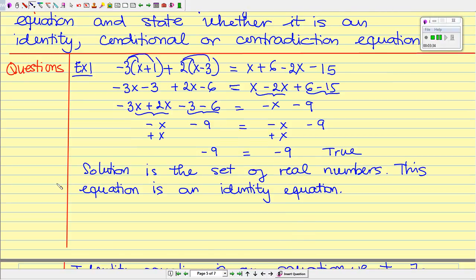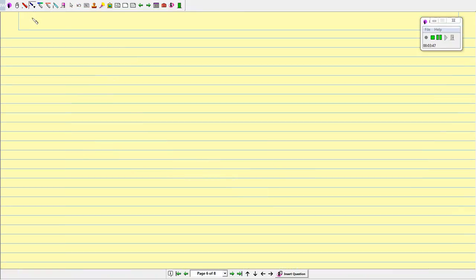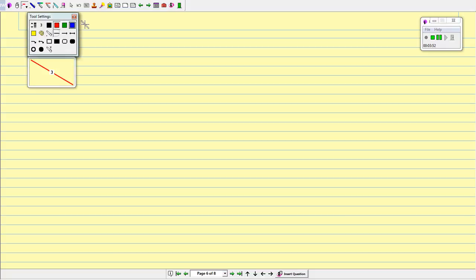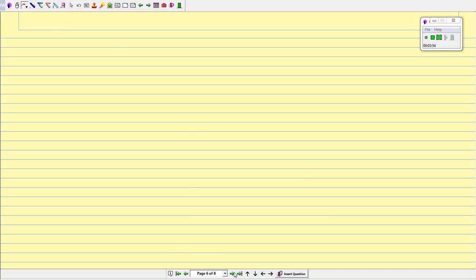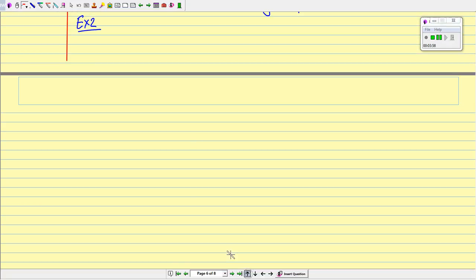Now let's move on to example 2. First, let me move our sheet of paper, and I'm going to draw a vertical line. This is a new page.